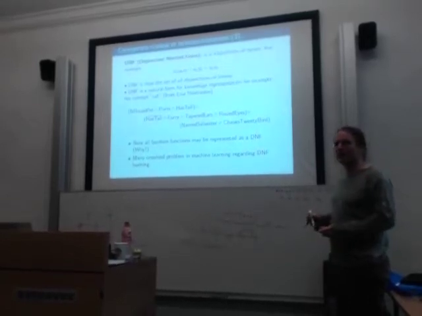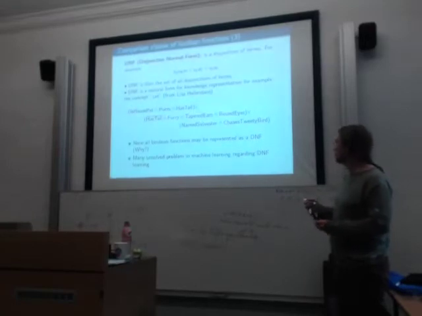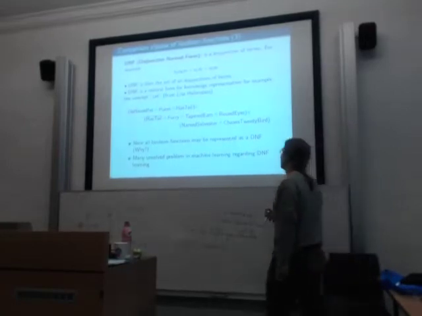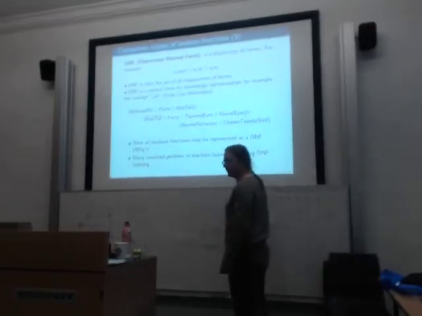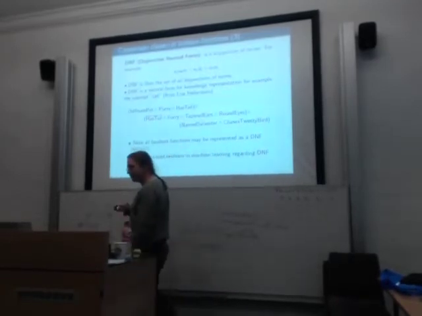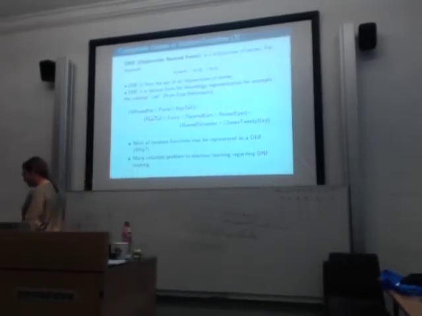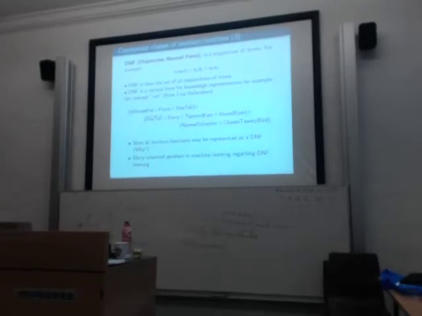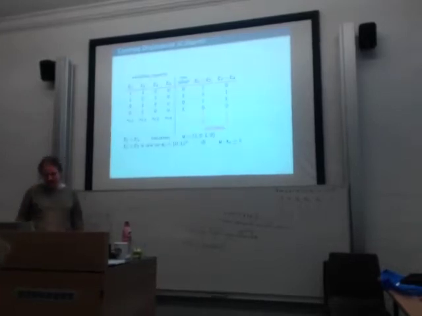Basically, we know a lot about it, but there's lots of unsolved major open problems in machine learning on what sense we can learn DNF from data. But where we're going is we're going to look at learning DNF with linear threshold functions in a feature map. Questions? Okay.